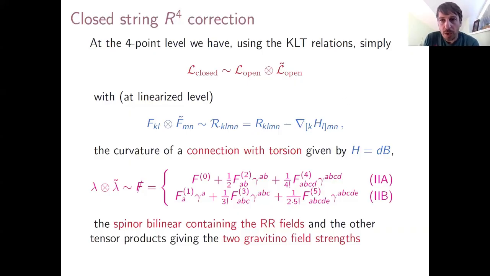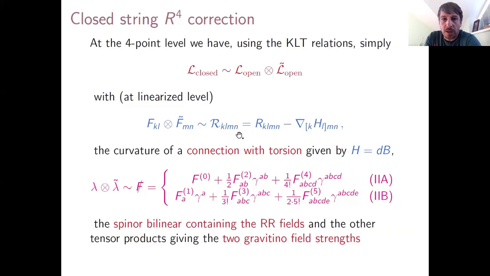Now, what we want is the closed string amplitude. So we use the KLT relations. So we say that the closed string amplitude, or actually in this case, you can do it with the Lagrangian itself, the correction itself. So the closed string correction is just the product of two open string ones. And at the linearized level, when you take the product of these, you should interpret the product of one of the f's with the other copy of the f.